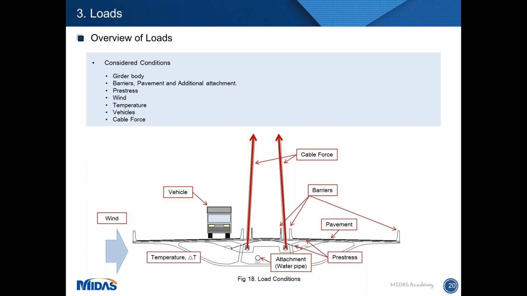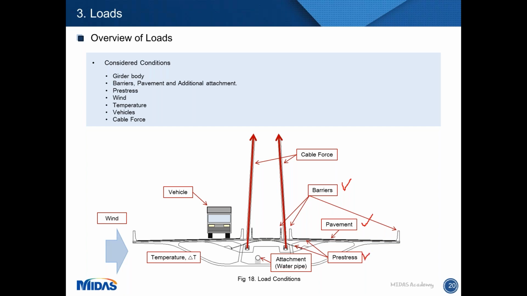So next we will take a look at which conditions will be used for load cases. I think it would be good to consider all conditions around the structure for better results. This figure is showing all load cases on the girder. There are self-weight of girders and barriers and pavement, and pre-stress.